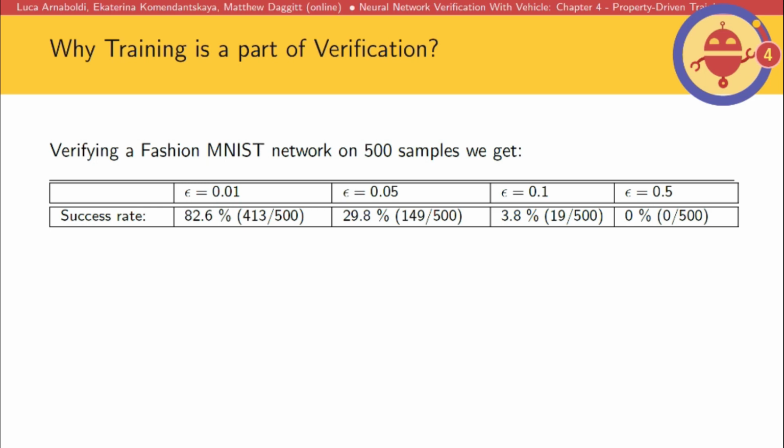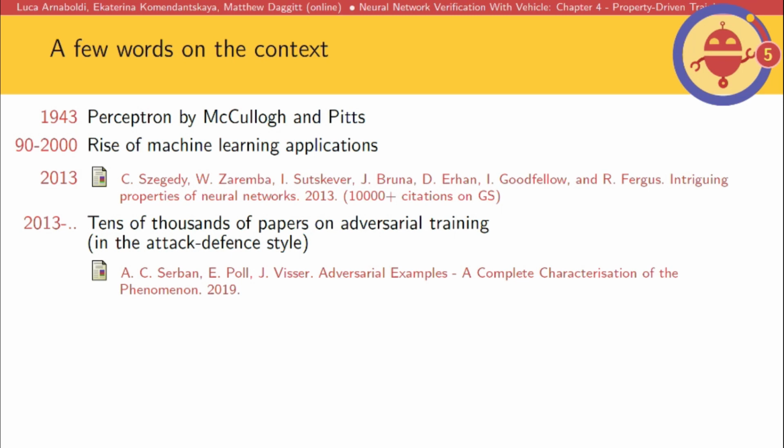So for all these reasons, you do need to have training as part of your verification. And funnily enough, this need to train with certain property in mind was realized by the machine learning community much earlier than by the verification community. Remember that we mentioned this publication in 2013 about these panda networks that were adversarially vulnerable.